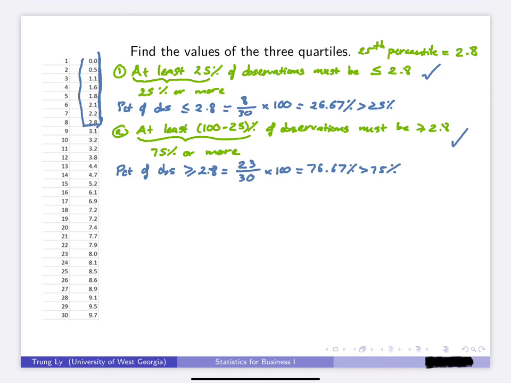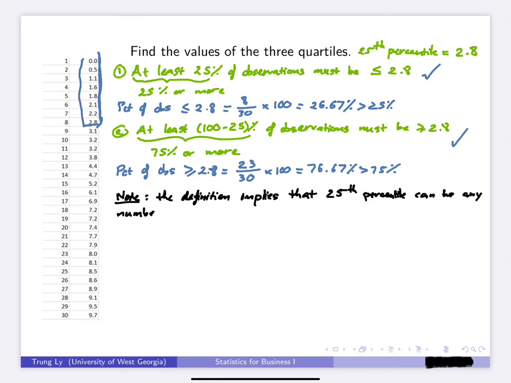Now what I would like you to note here is that the definition implies that the 25th percentile can be any number that satisfies these two conditions.